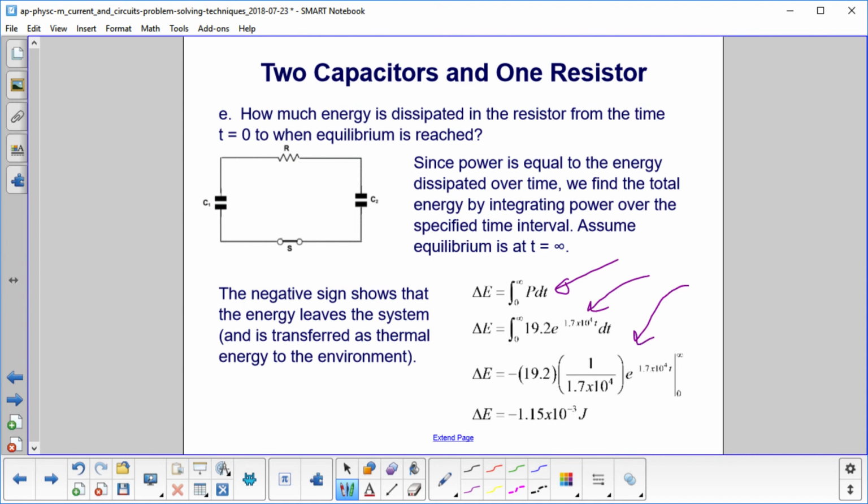We divide through by the exponent there, and then we keep the same exponent because they're easy to do integrals with. Evaluate it between 0 and infinity, and we get a negative 1.15 times 10 to the minus 3 joules. And the negative sign shows that the energy leaves the system and is transferred as thermal energy to the environment.